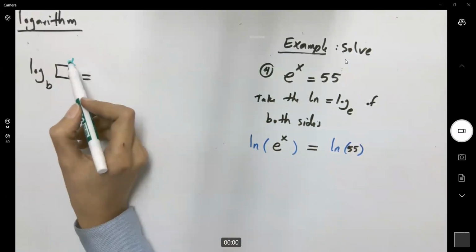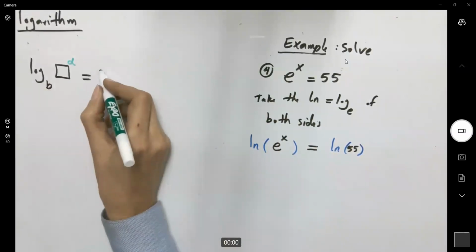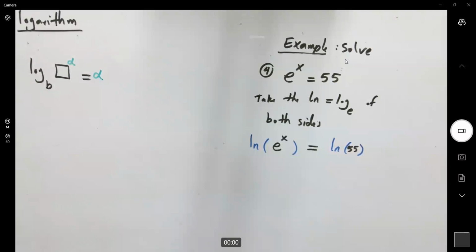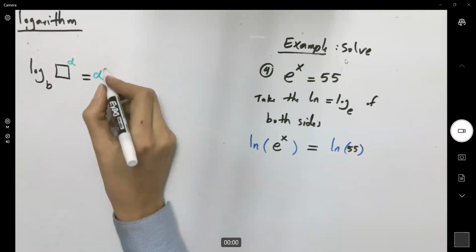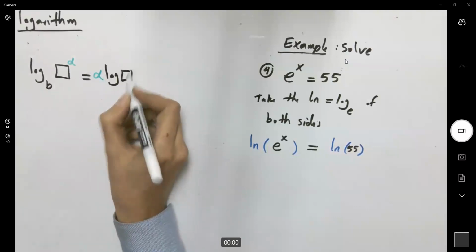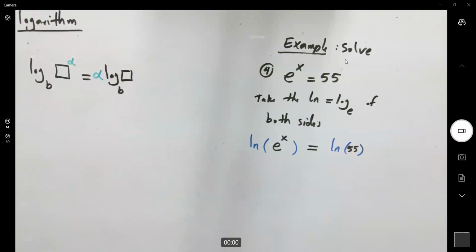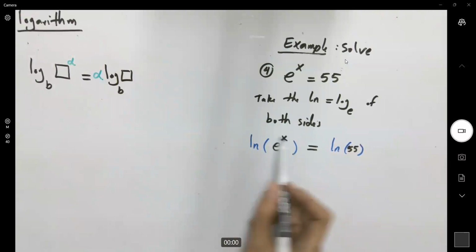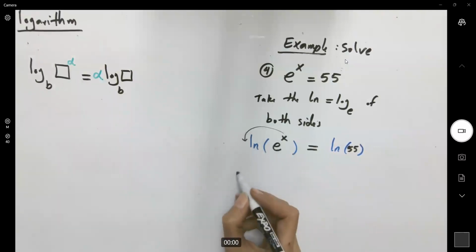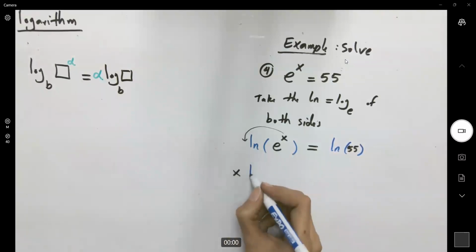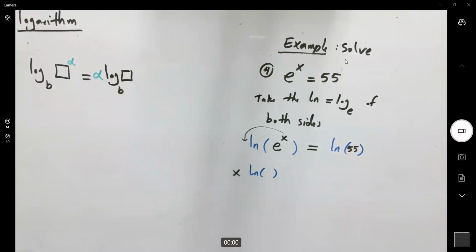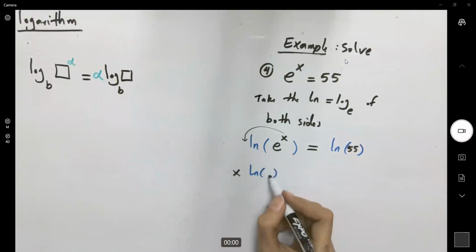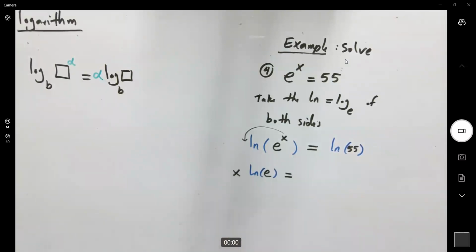This alpha as the exponent becomes the coefficient: alpha times log of this quantity, whatever it is, with base b. This exponent is your alpha here. We're going to take this exponent and write it in front of ln. x times ln of e, the pure number, is equal to ln of 55.